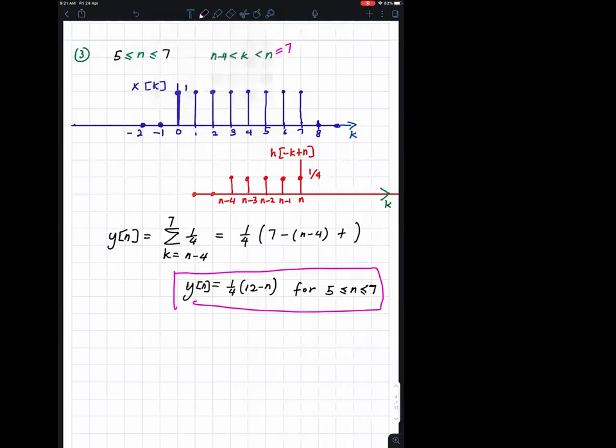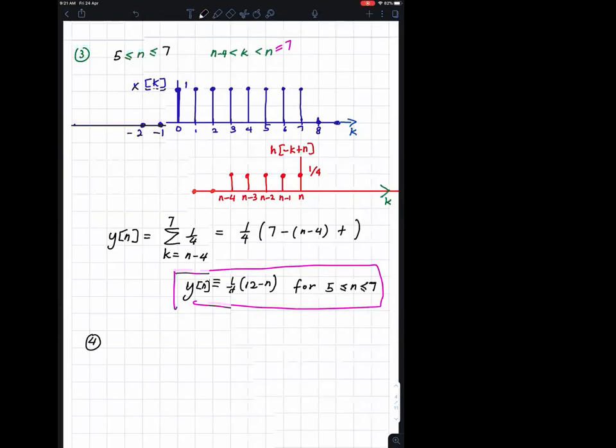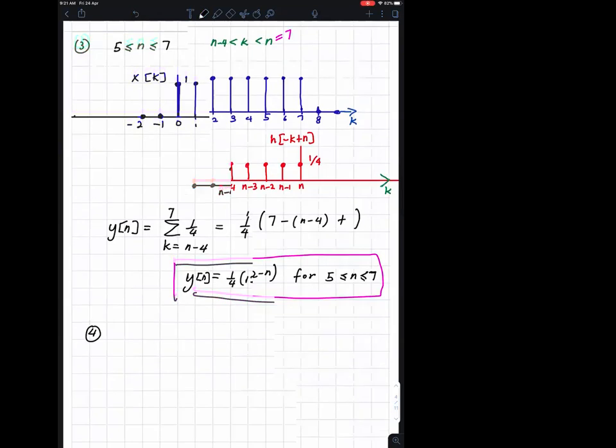Number 4. Now I'm going to bring this over again so that you can see that.